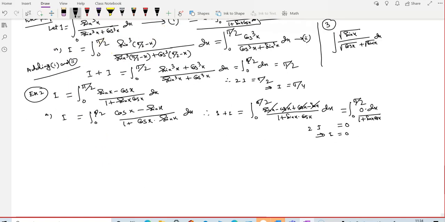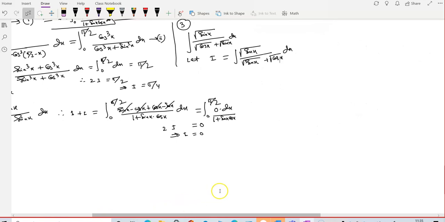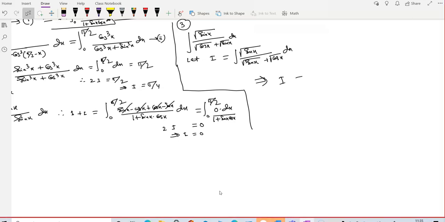So here again, in the same manner, you assume let I equal to root sin x by root sin x plus root cos x. Now this implies, by property 3, I equal to root cos x by, that is pi by 2 minus x.